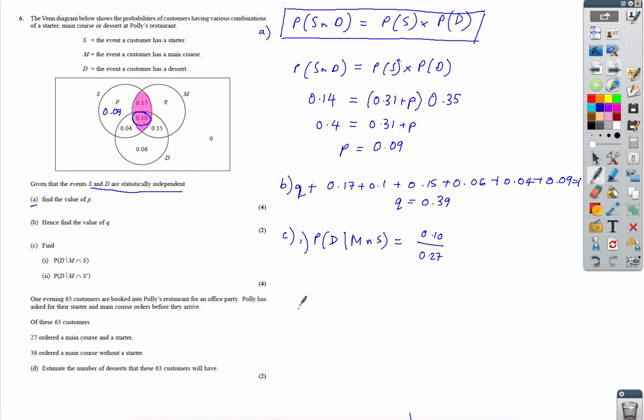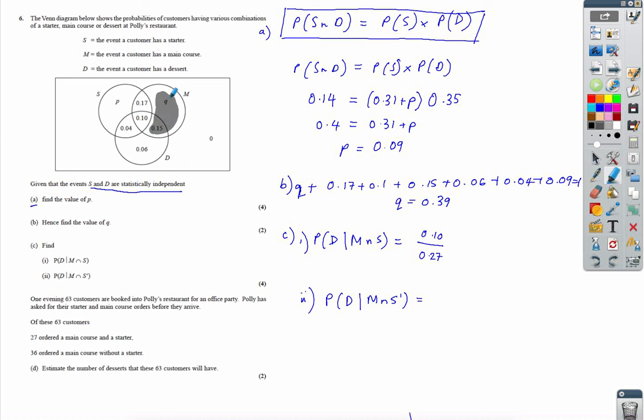And it's the same bit for the next part of the question. Probability that they had a dessert, given that they had a main, but they did not have a starter. So if we look at that again, what's the chances that they had a main but not a starter? That's this bit.